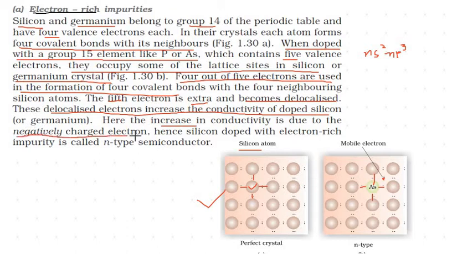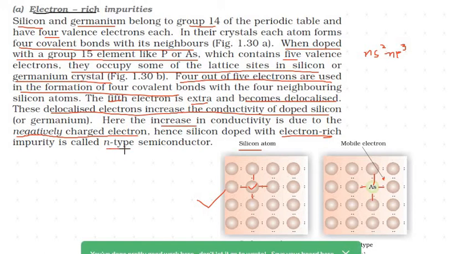Please note, it is a negatively charged electron, and silicon doped with electron rich impurities is called N-type. So this is an N-type semiconductor. You can see here it is written N-type. Please note, it is N-type when group 15 is added.